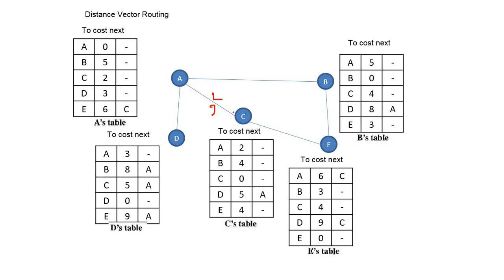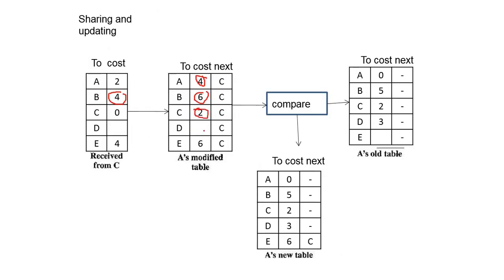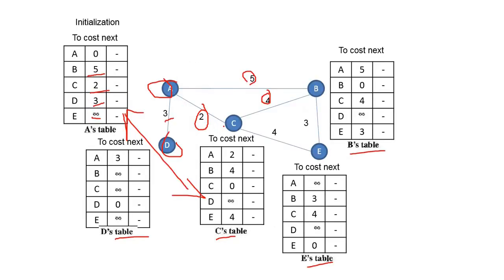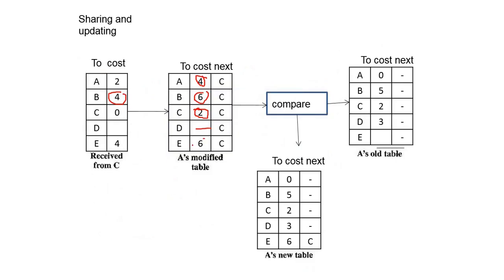Again for A to C and then after C to C, it means 2. So that is 2. And D is unknown because there is no direct link from C to D. So that is unknown. And E is 6. Why? Because A to C is 2 and C to E is 4. So 2 plus 4 is equal to 6.